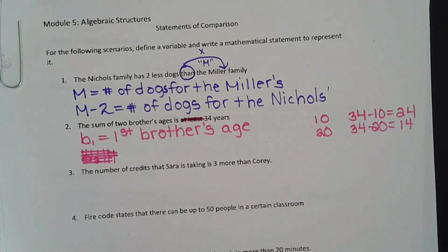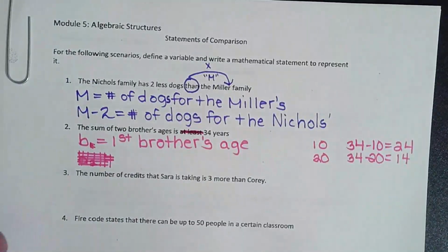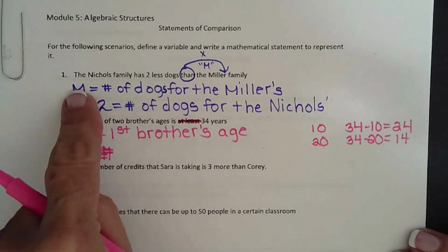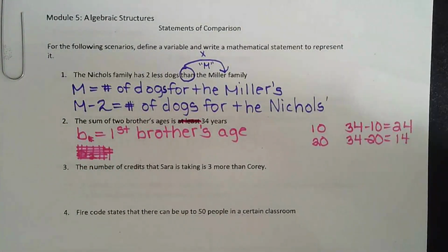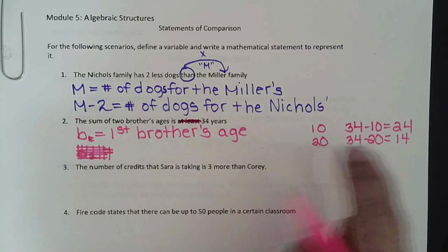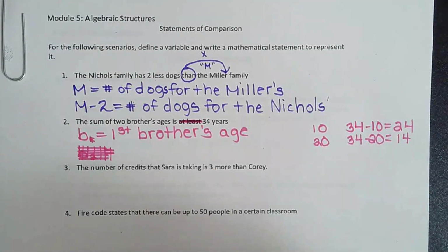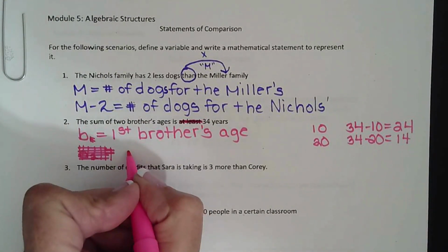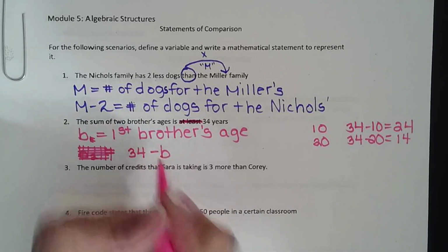When I know one brother's age is B, and there always has to be something that's just a variable, so that's why I wrote it. But I showed you how to do it if you had two of them. So whatever this first brother's age, I do 34 minus that to get the second brother. So the second brother is going to be 34 minus the first brother.